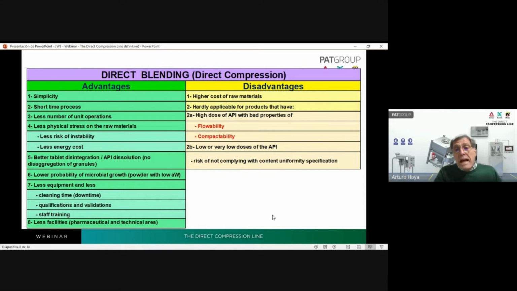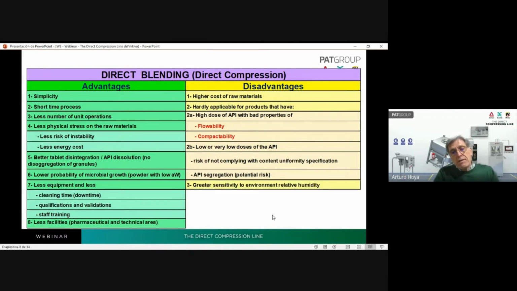Risk of not complying with the content uniformity specification, and the risk of API segregation. Of course, you have greater sensitivity to environmental relative humidity, and increased probability of capping, because of the level of humidity content.